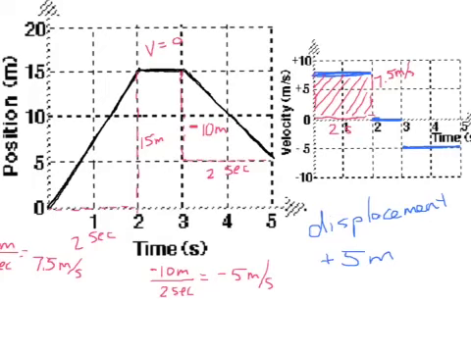Now, that means that the area of that box can be found by taking 7.5 meters for every second times the width of the box, which is 2 seconds. Now when that's done, the unit of seconds cancels, and we have 7.5 meters times 2, which is 15 meters.